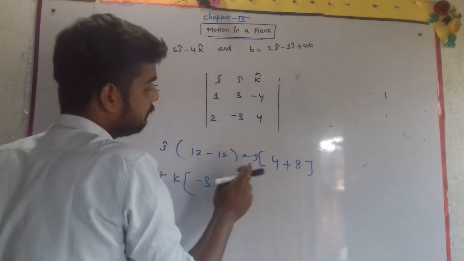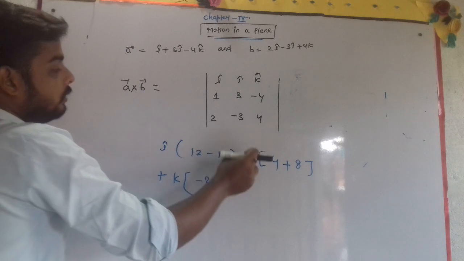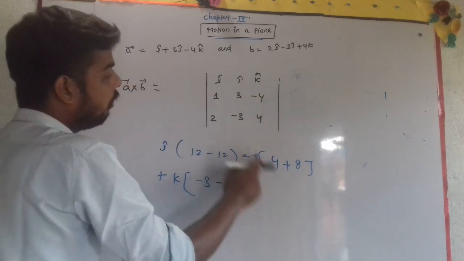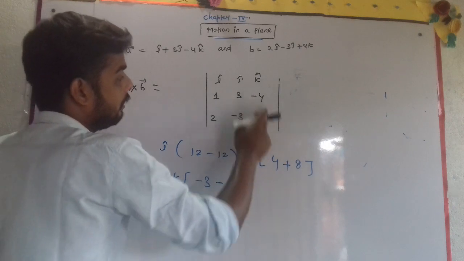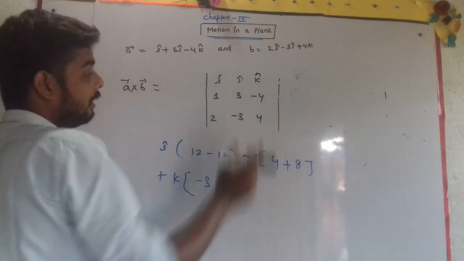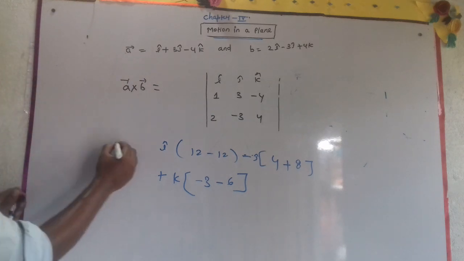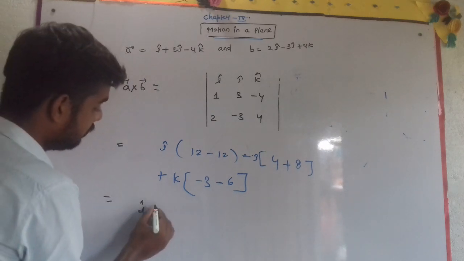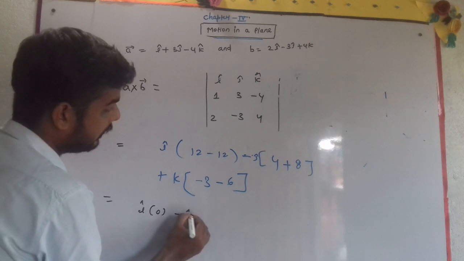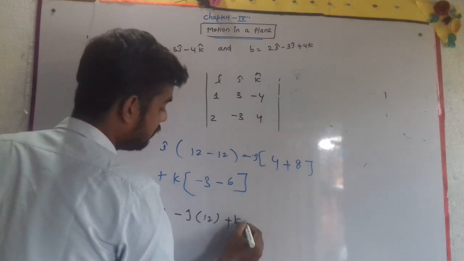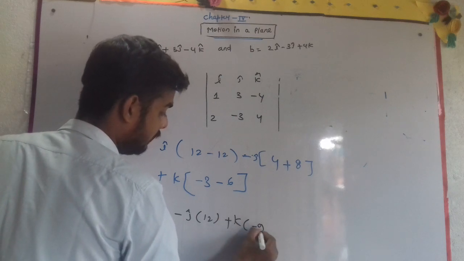Minus j plus k. For j, 1 four is 4, minus 8 we will get, but minus minus will be plus. So like that, for i there will be 0, minus j, 4 plus 8, 12, plus k we will get minus 9.